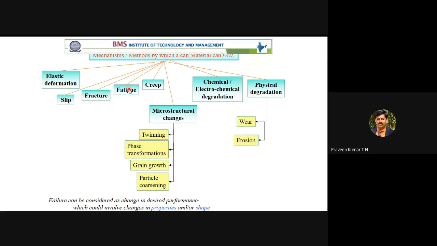But when you come to fracture, there is a micro crack in the material. When it is subject to loading, the crack will propagate. Or we can say that whenever there is a fracture, a small crack is already there, micro crack or hairline crack. When it is subject to impact loading or some excessive loading, it may fail. Even if some people meet with an accident, their bone may break, the leg bone.